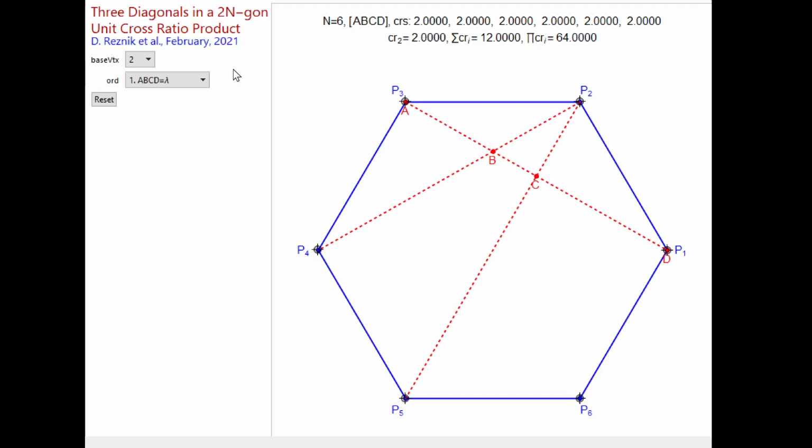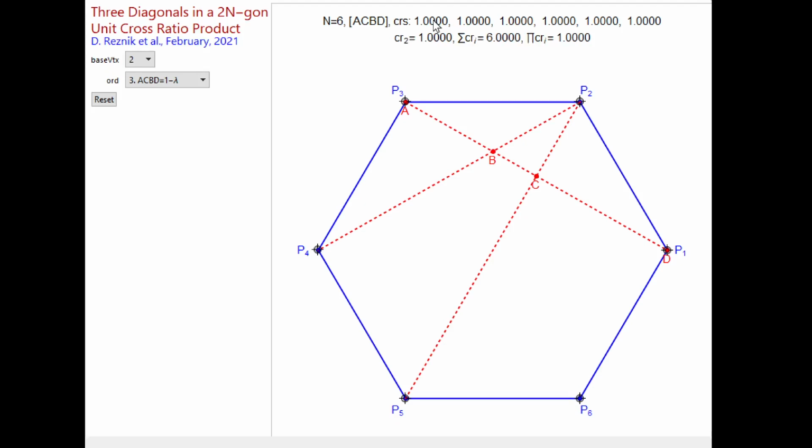If I permute these letters, and now I have ACBD, what I'm going to be getting here is 1 minus that. So I'm getting 1 minus 2, up to a sign, so it's actually being reported here as 1, but this should have been minus 1. Okay, so I'm ignoring signs. All my cross ratios are positive right now. So you can think of this as being lambda minus 1.